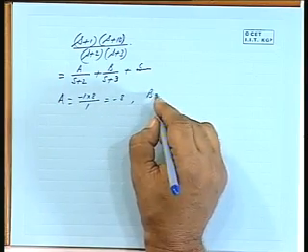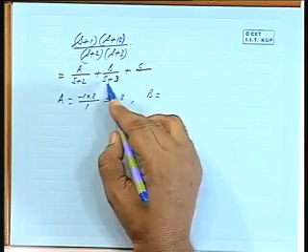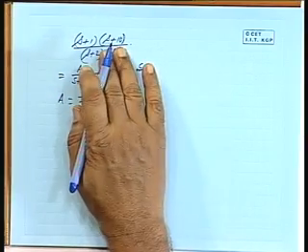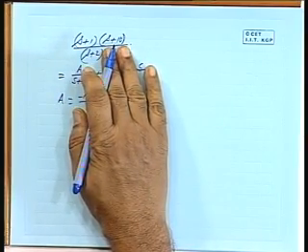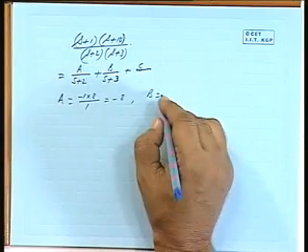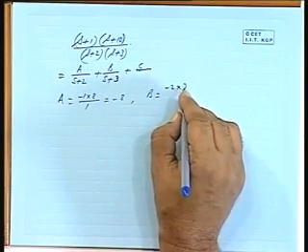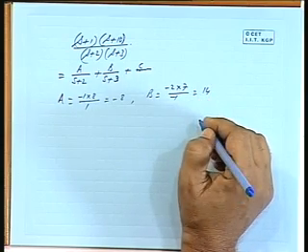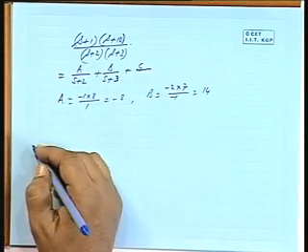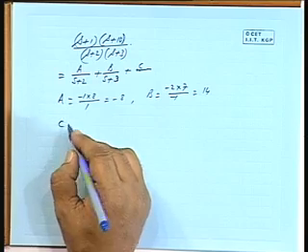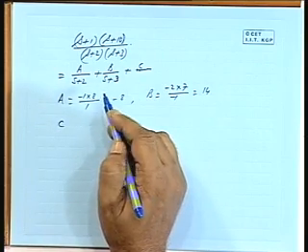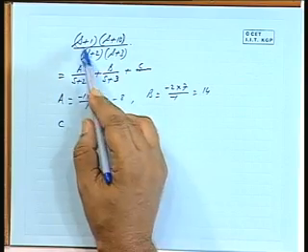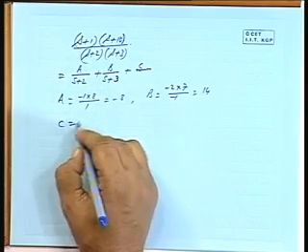B by S plus 3, if I multiply by S plus 3, this will be minus 2 minus 1, so it is 14. C, if I make S tending to infinity, this will be 0, this will be 0, so it will be S squared by S squared, 1.